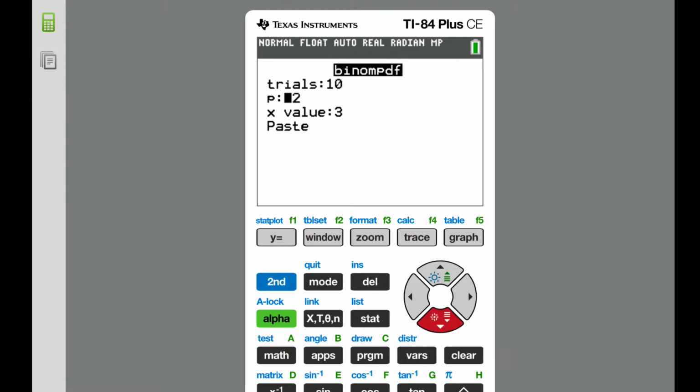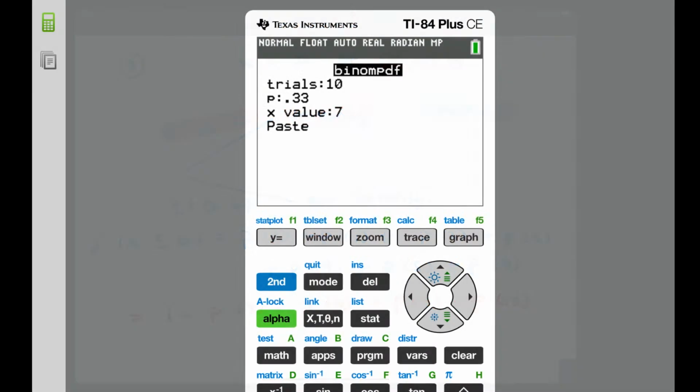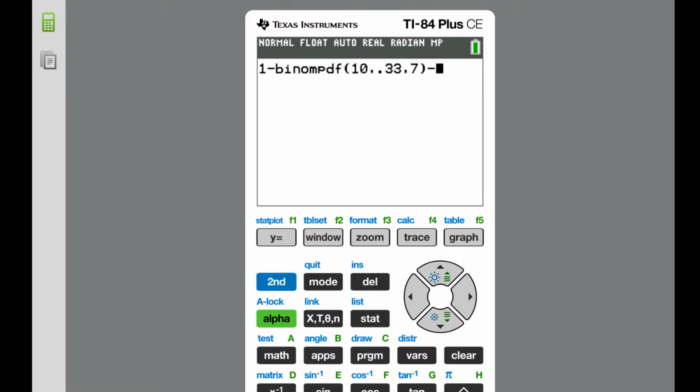Now little p is 0.33. The first X value we use is 7. Like we said, we're starting with p of 7. And then we're going to do p of 8, p of 9, p of 10. So we're going to subtract those probabilities.